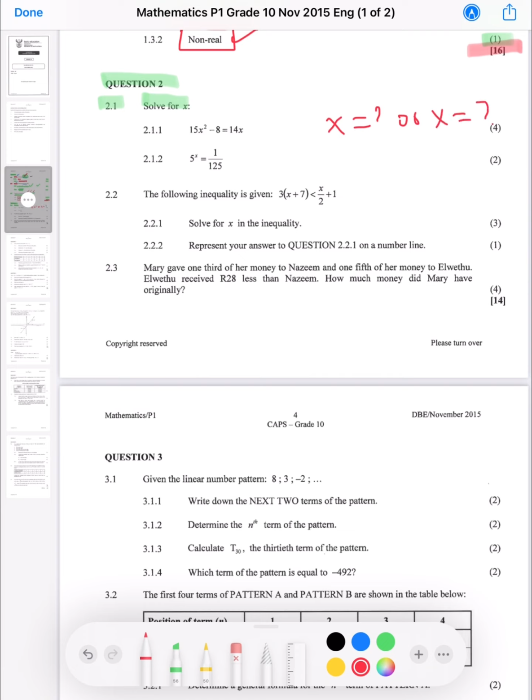So if you are a grade 10 learner and you haven't attended any of my lessons, and today is your first lesson, just know this is not the starting point. There is a very special lesson that I have done for all the grade 10s, 11s and 12s.